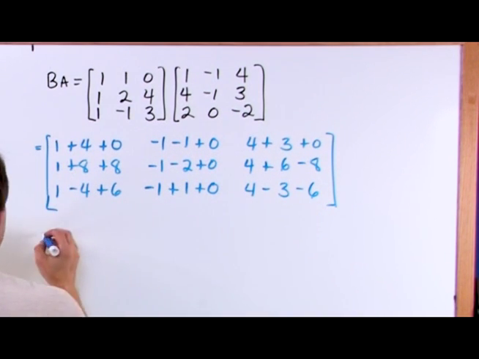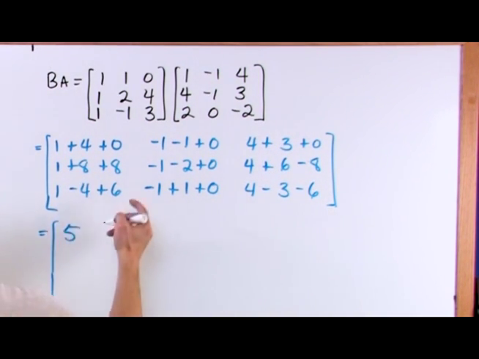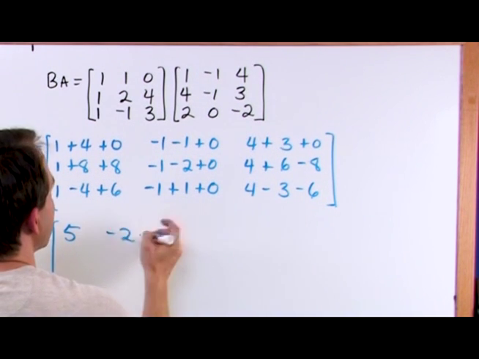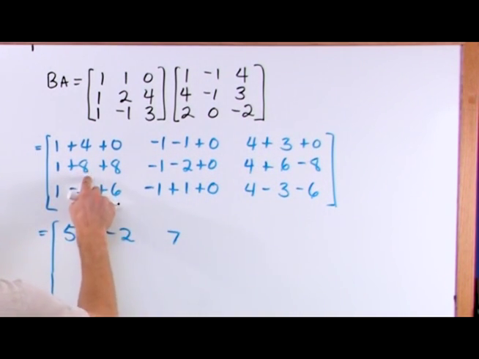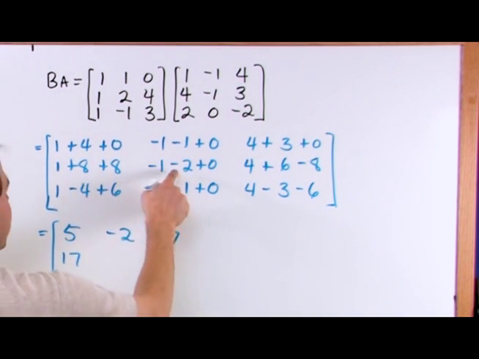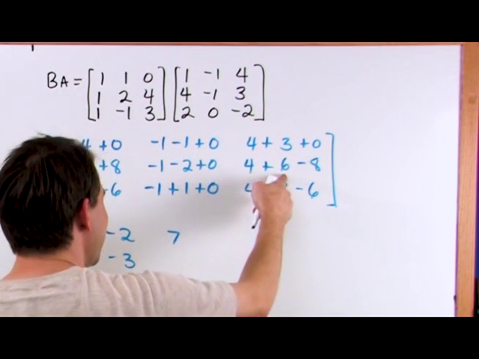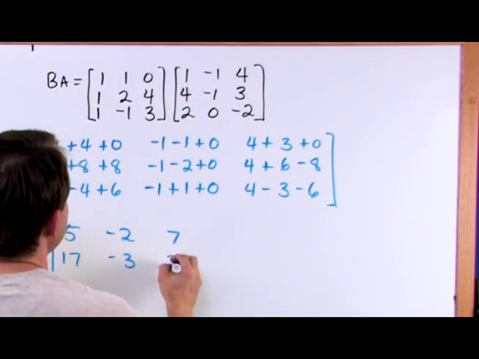Okay? So we finally have enough to actually see if we can solve this thing. So let's just do the math. 1 plus 4 gives me 5. This is going to be negative 2. That's going to be 7. Over here, 8 plus 8 is 16. Plus 1 is 17. Over here, you're going to have negative 3. Over here, 4 plus 6 is 10. Minus 8 is going to give us 2.